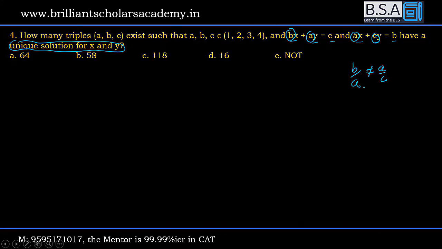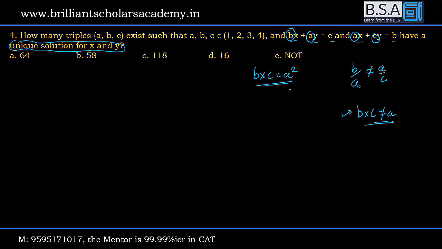When the x and y coefficients are not equal, we have a unique solution. So you're basically saying b into c cannot be equal to a. Now think clearly. Is it possible to check this, or is it possible to check this?